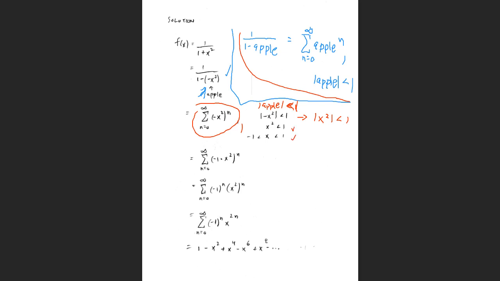So if x squared is less than 1, that means that x would be between 1 and negative 1.